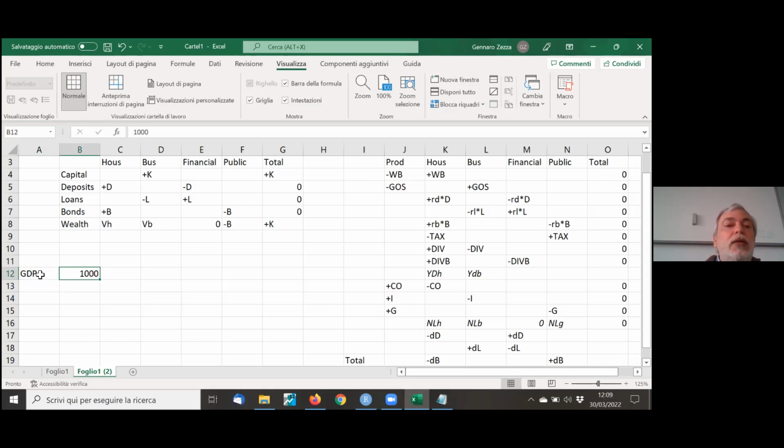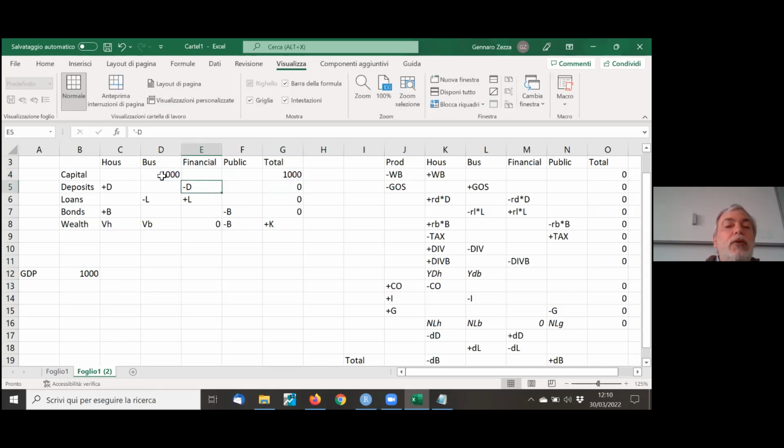Now I can use a feature of the spreadsheet which allows me to give a name to a cell, so I can use the name in other calculations. So let's say that this is equal to the stock to GDP. And this will be equal to GDP.